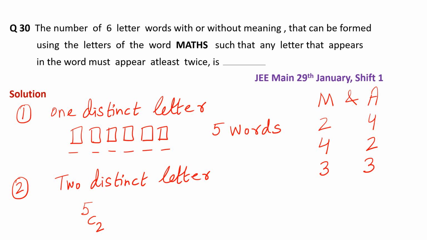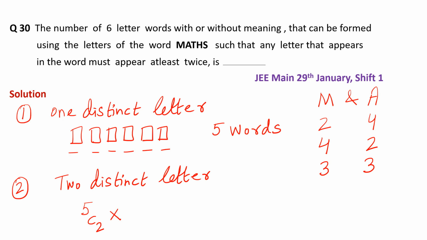Now students, first of all, we will find the total number of words that can be formed by arranging these 2 letters, and then we will multiply it with 5C2 because there are 10 such selections of 2 distinct letters.